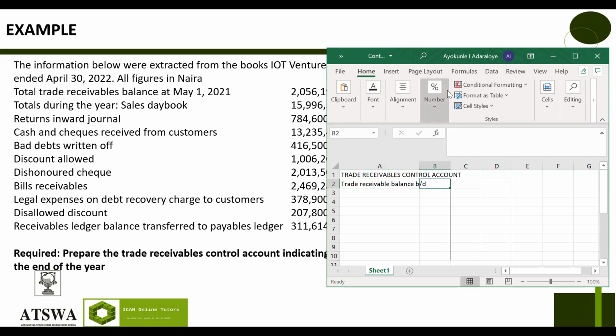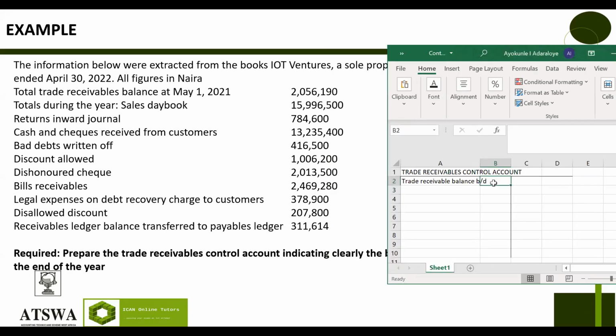How much is it? We have a lot to cover today. Please respond though. 2,056,190. There's no 8 there.